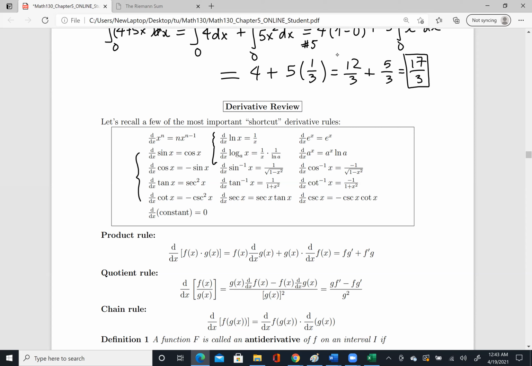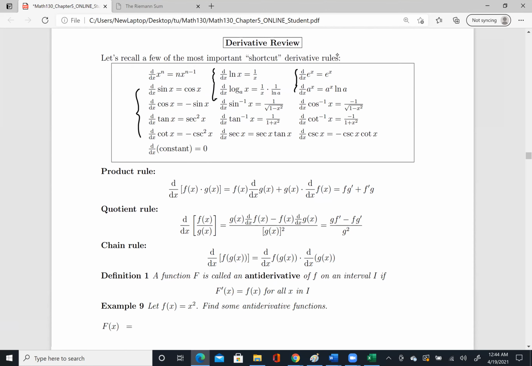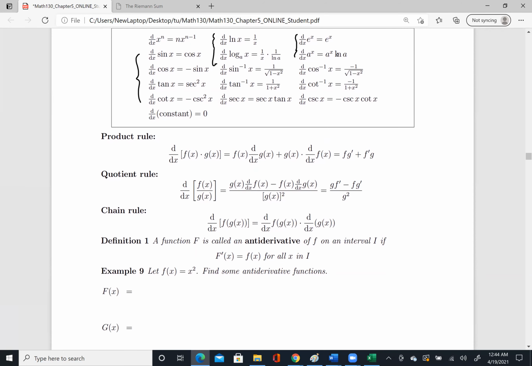Then the derivative of the exponential function. And down here are the product rule, quotient rule, and chain rule. Okay, so these are the things that we have learned in chapter 4, right?